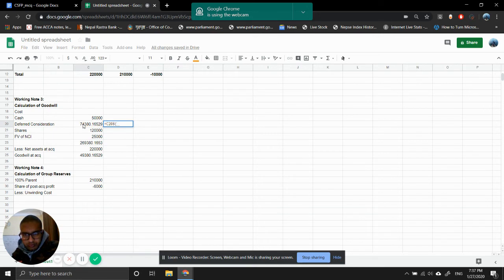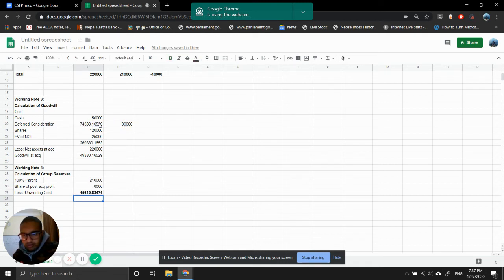So what I could do is take this figure into 1.1 to the power, right? So 90,000 minus this figure, because at the end of the period we will be paying that figure, right? So this should be our unwinding cost.